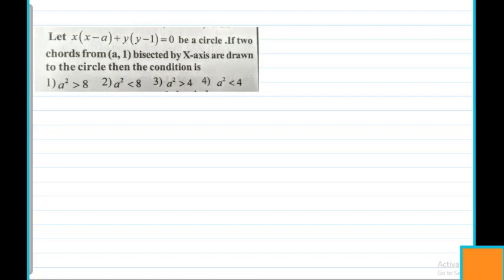That we should find now. First of all, I want to draw a diagram for this. This is a circle. This is a point on the circle, say this is A. From A, two chords are drawn to the circle, so this is chord AB and chord AC.